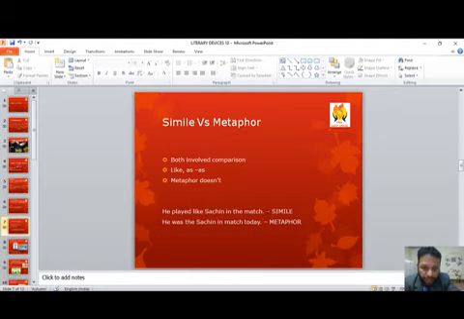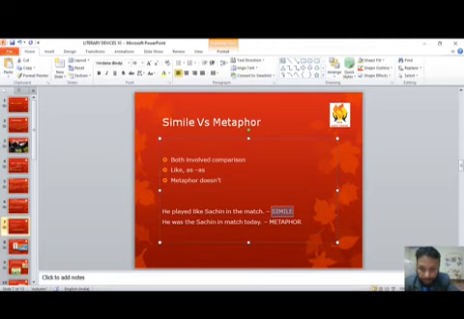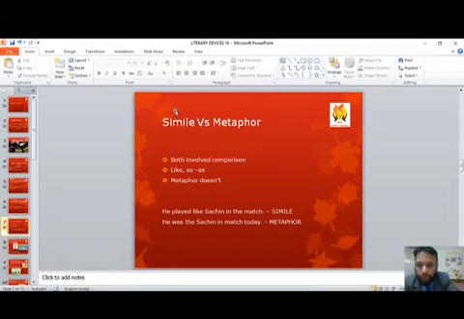He played like Sachin in the match is a simile, simply because of the word like, and he was the Sachin in the match today is a metaphor because we have directly called this man Sachin, and here we have compared his art of playing with the art of Sachin Tendulkar's playing in the match. So these are the two devices. One is known as simile, the other is known as metaphor.